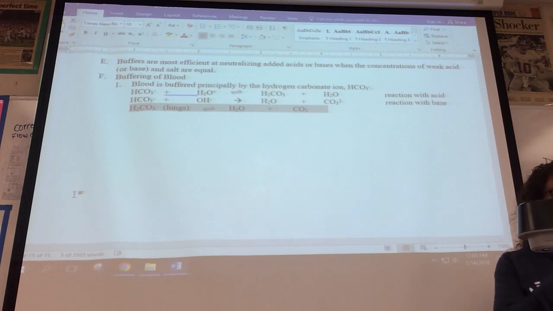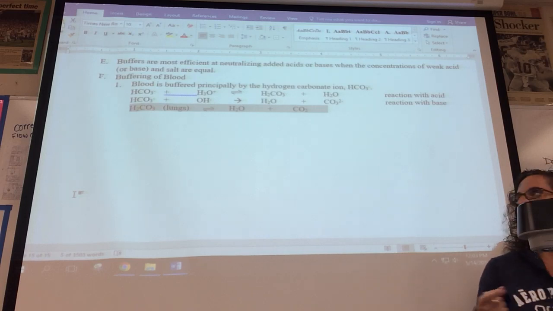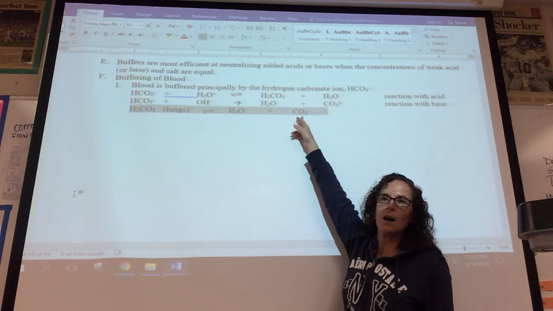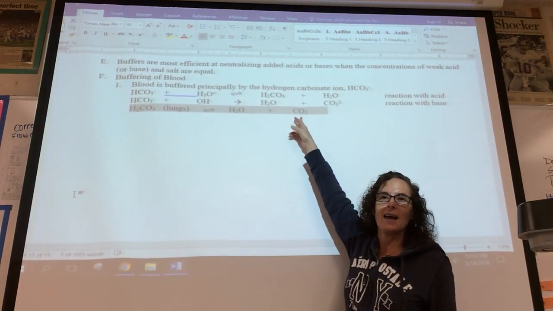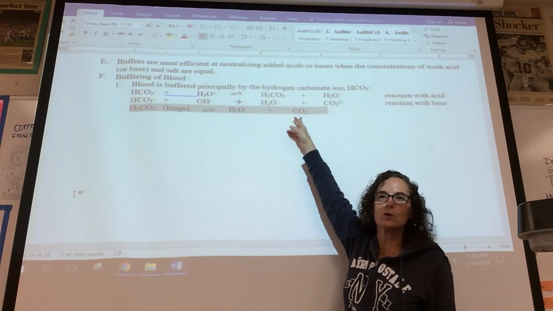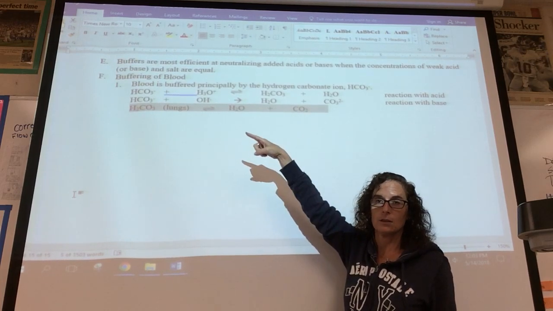Breathe into a paper bag. Exactly. So, what gas are you exhaling when you breathe? Carbon dioxide. So if you breathe into a paper bag, you drive up the concentration of CO2. You've trapped it in the bag. And now equilibrium will shift to the left.